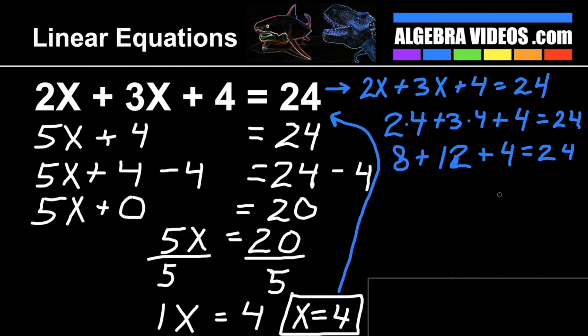And now we'll continue to simplify on the left side. 8 plus 12 is 20, plus 4 is 24. So 24 on the left side equals, and on the right side we're just bringing down the 24.